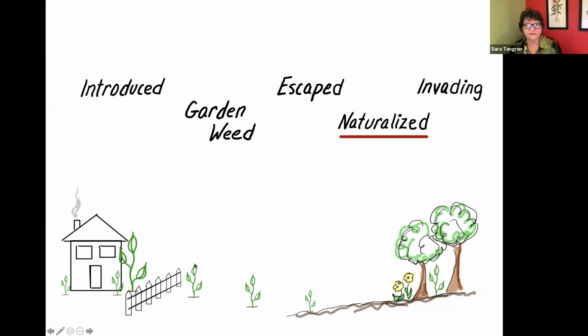Now, one of the problems here is that things can escape or naturalize in some places and not others. So this process that's happening is not necessarily homogeneous across multiple states. So again, what will happen here is some people will start saying, oh, that plant, fill in the blank, is invasive.